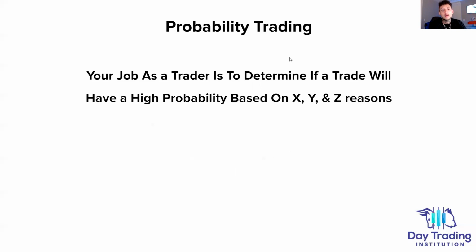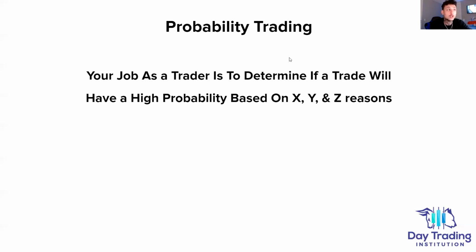eventually, right? So your job as a trader is to determine if a trade will actually have a high probability based on X, Y, Z reason, which those reasons we're going to get into later on throughout the course. But we're going to be determining things such as price action, indicators, news events, whatever the case might be.